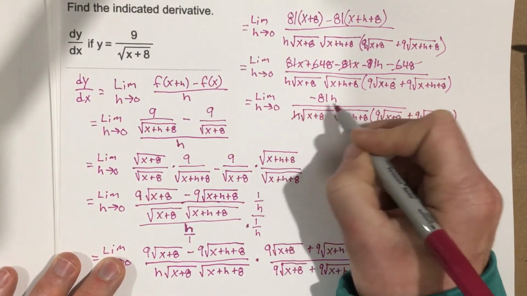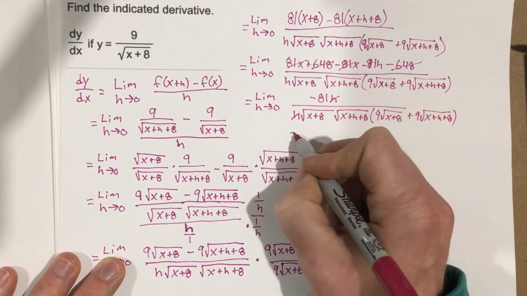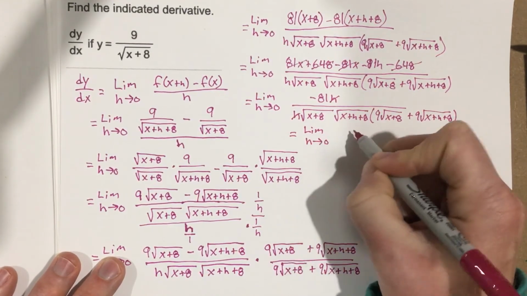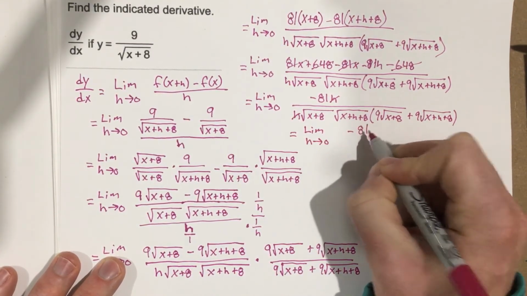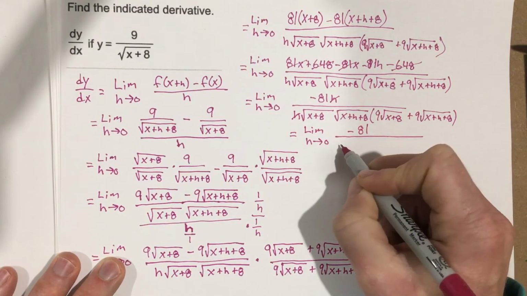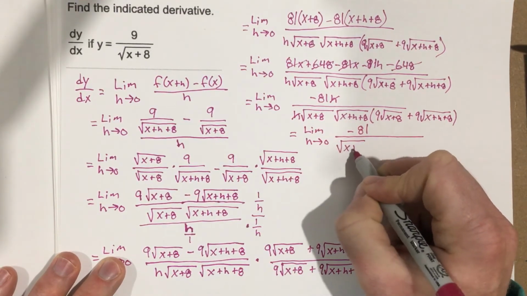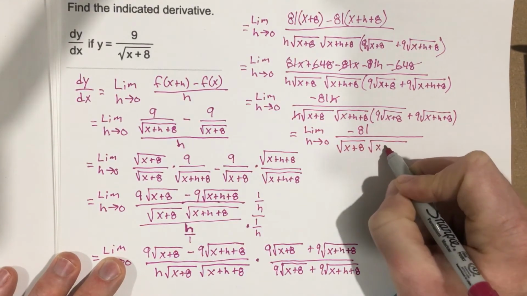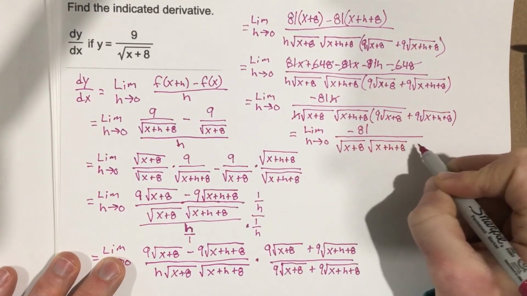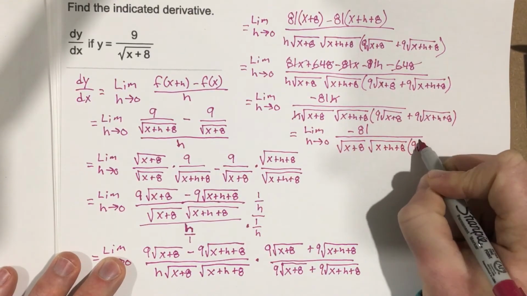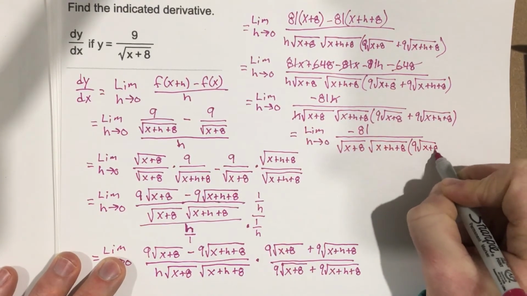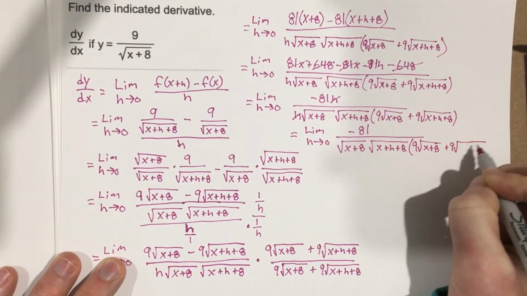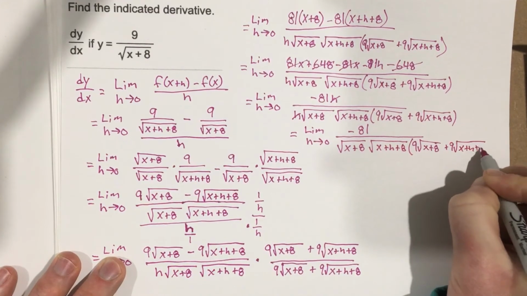The h's cancel, and you're left with limit as h approaches 0, negative 81 over root x plus 8 root x plus h plus 8, then you have 9 root x plus 8, and then plus 9 root x plus h plus 8.